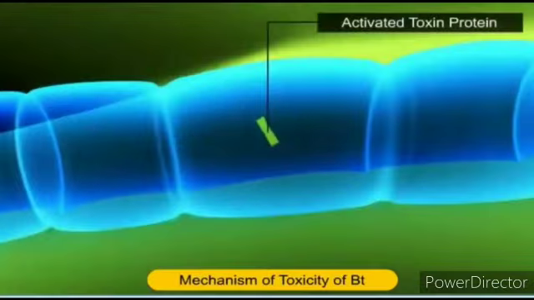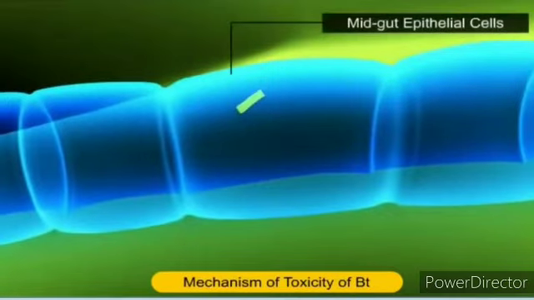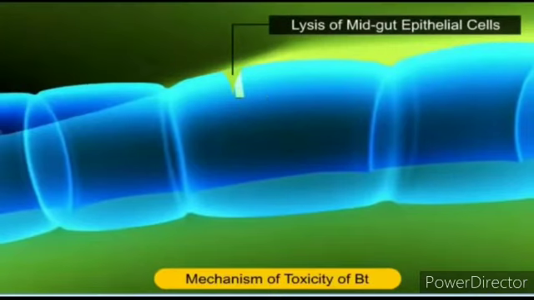The activated toxin binds to the surface of midgut epithelial cells and creates pores that cause swelling and lysis and eventually cause death of the insect.